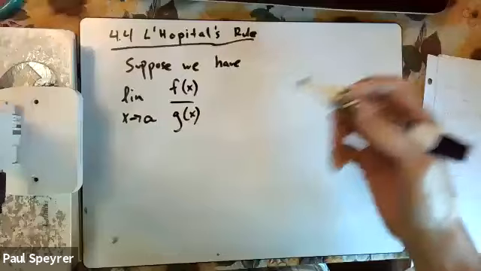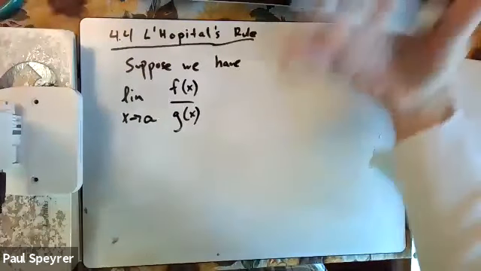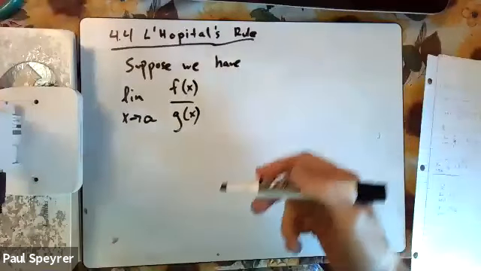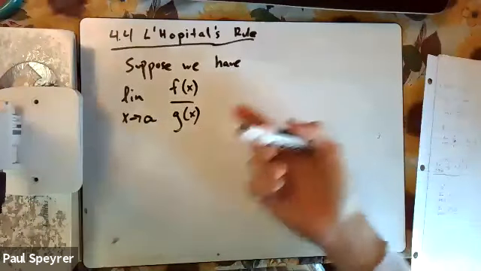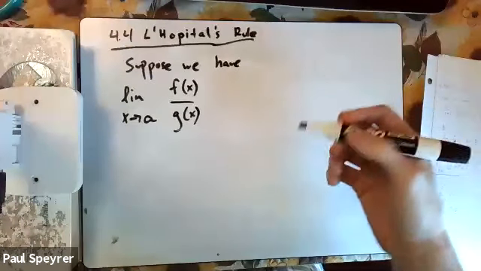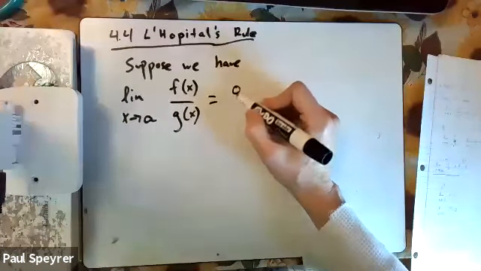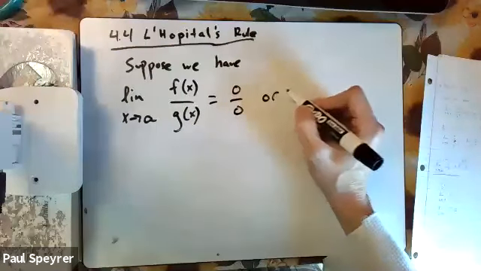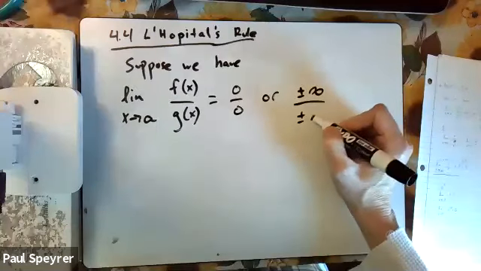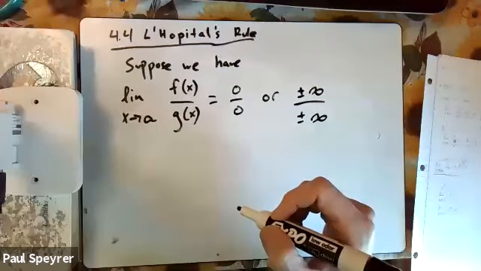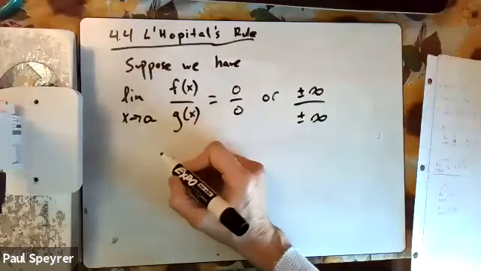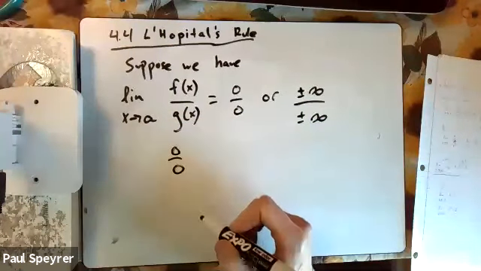Remember, rational expressions are just like polynomial over polynomial, right? F of x and g of x can be anything. Now, if we examine this limit, there's a few potential issues. Like, what if you get 0 over 0? Or some combination of this right here. Well, the problem is 0 over 0 is not 1.